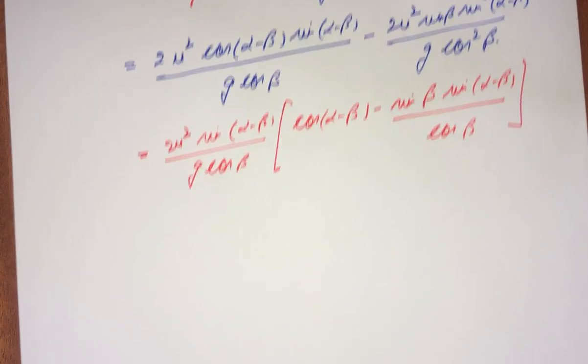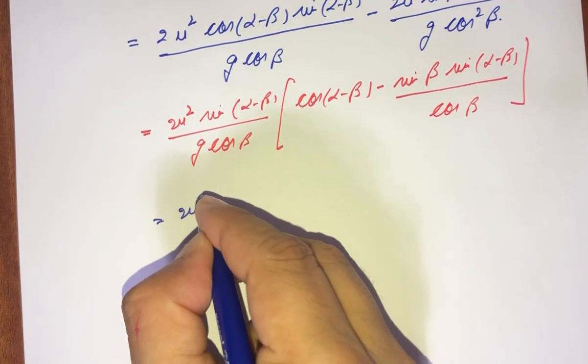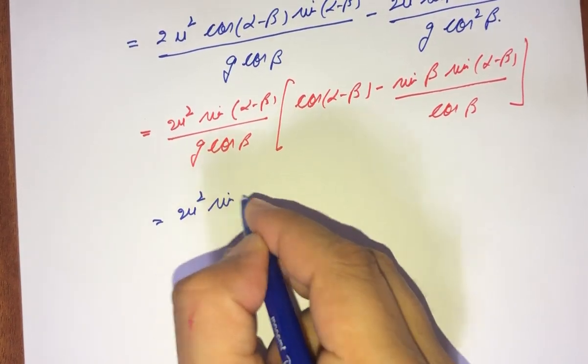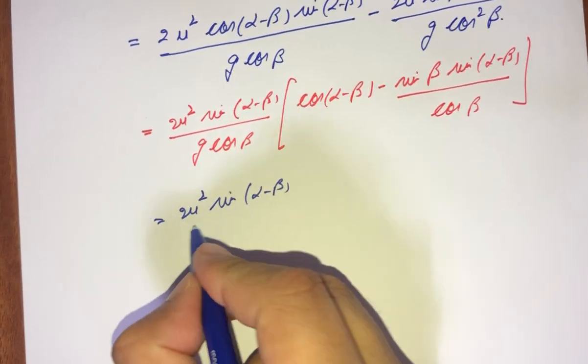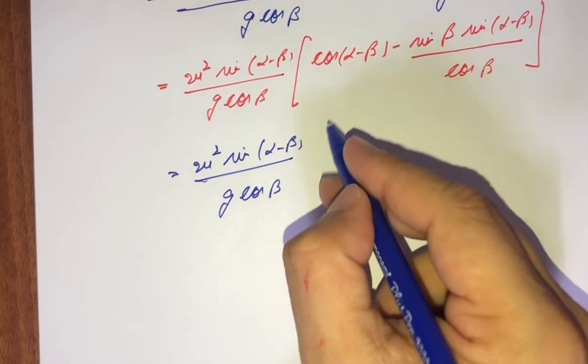Taking the LCM, we get this as 2u square sine alpha minus beta divided by g cos beta.